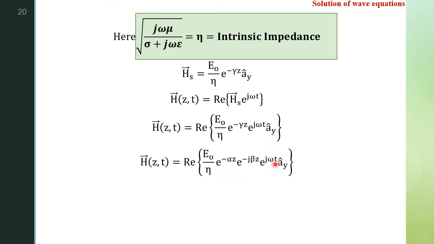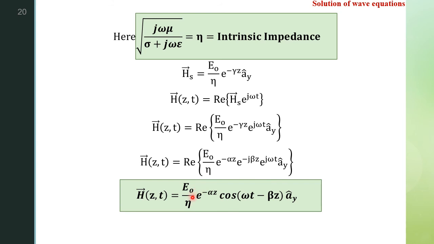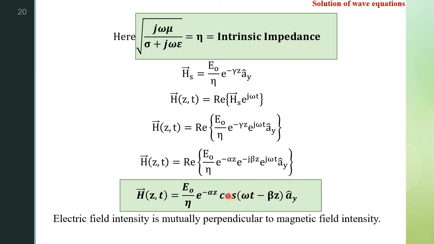On separating the real part, you get E naught by eta e raised to minus alpha z cos of omega t minus beta z ay cap. This corresponds to the expression for the magnetic field intensity vector H(z,t), where eta represents the intrinsic impedance of the medium.